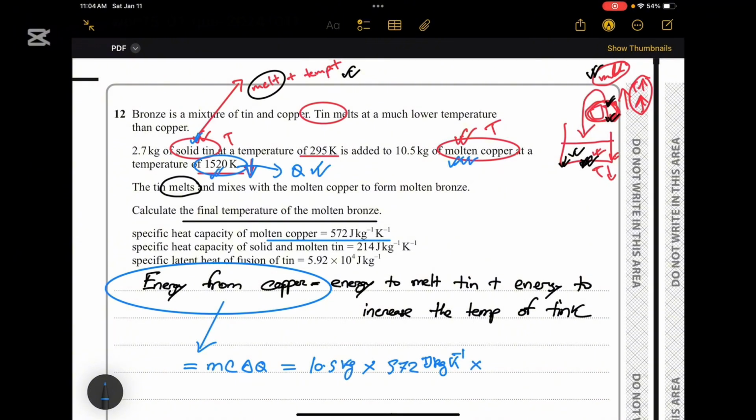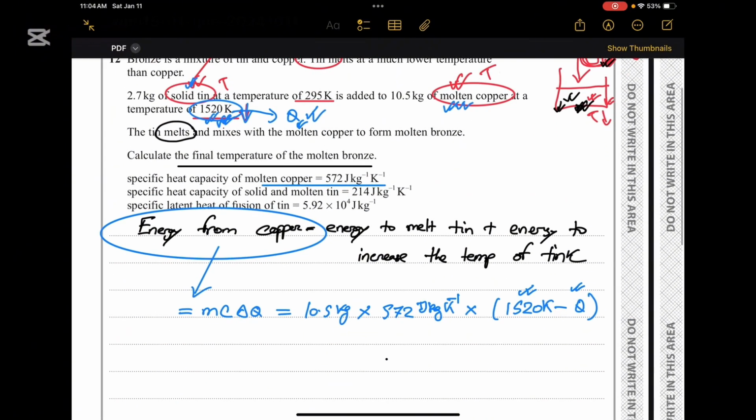Del theta means 1520 Kelvin decreases to a lower value, so we write 1520 Kelvin minus theta. Some guys have asked why I write the theta value after that: because theta will be lower than this value, we always write the higher value first and then the lower value. Okay, so we are done with mc del theta.